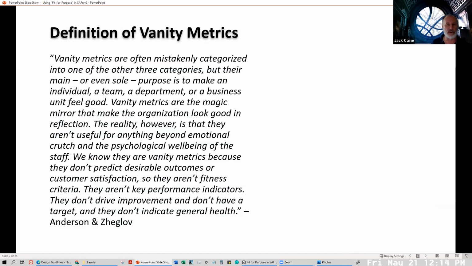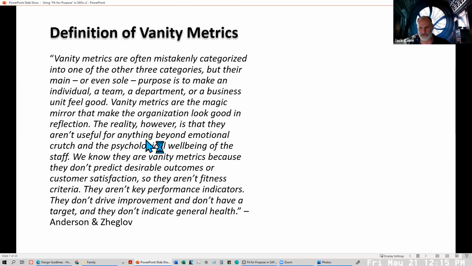The reality, however, is that they aren't useful for anything beyond emotional crutch and the psychological well-being of the staff. We know they are vanity metrics because they don't predict desirable outcomes or customer satisfaction. So they are not fitness criteria. They aren't key performance indicators. They don't drive improvement, they don't have a target, and they don't indicate general health.